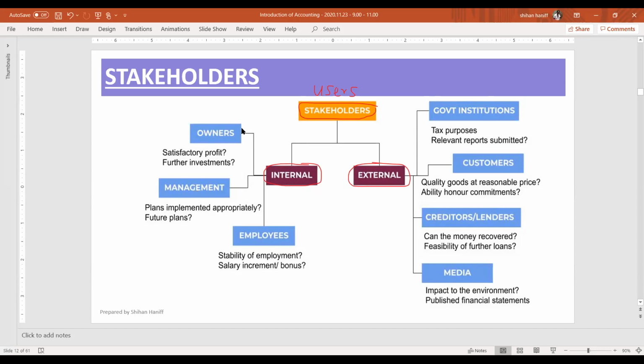Internal. So we divide them: the owners, the management who manage the business, the managers, the directors, they are internal. And employees, people who work in the organization. So they are internal stakeholders.